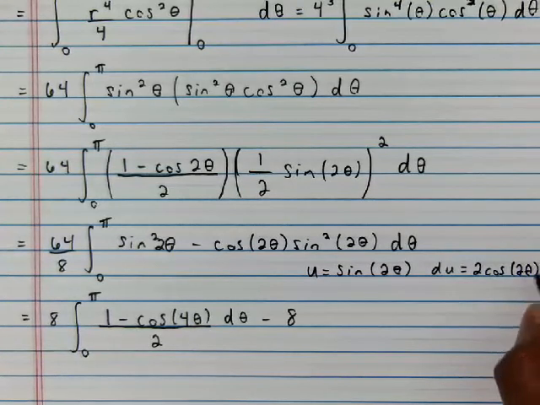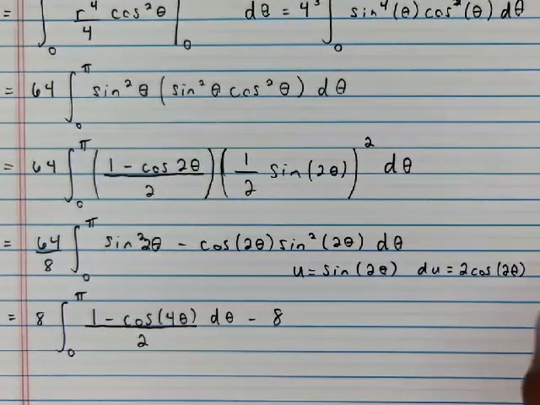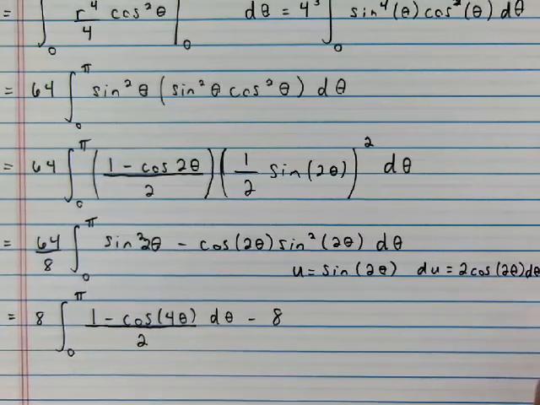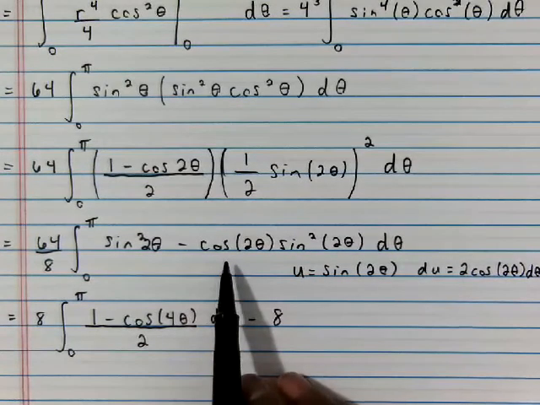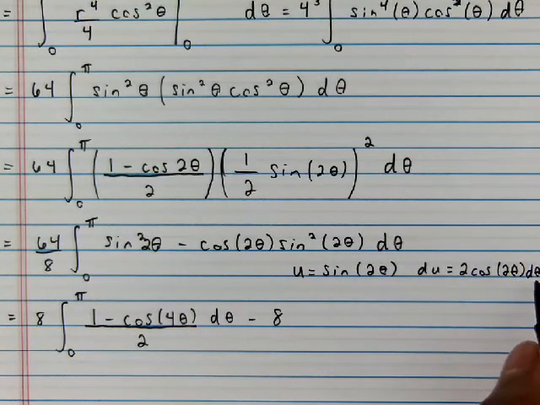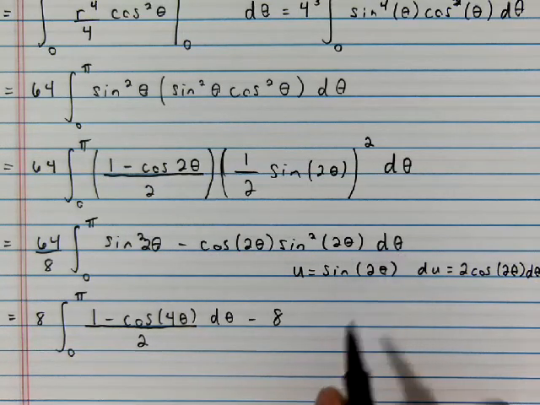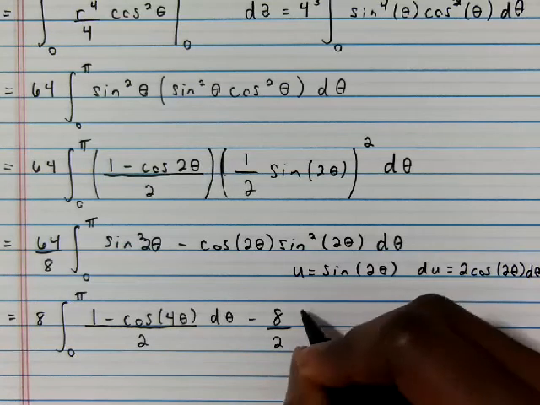All right, so that gives us du over 2 is cosine 2 theta d theta. So cosine 2 theta d theta is du over 2.